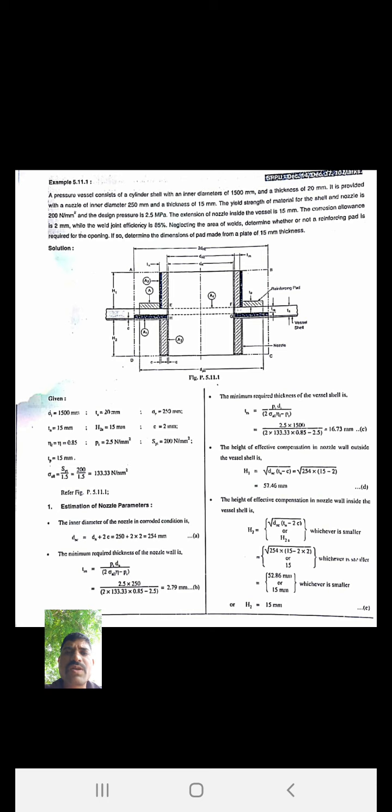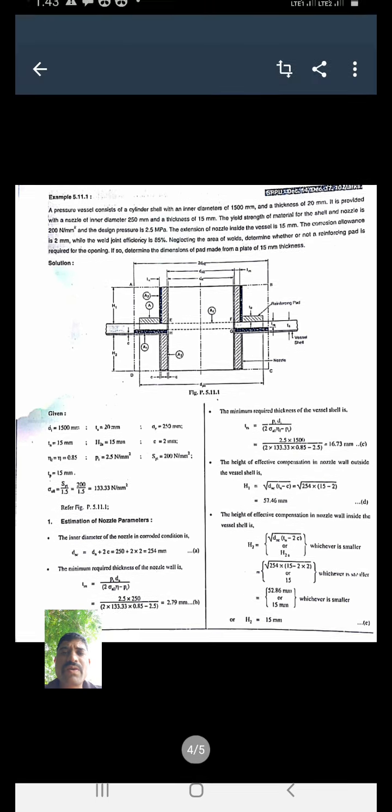The extension of the nozzle inside the vessel is 15 mm, tp is equal to 15 mm. The corrosion allowance is 2 mm, C is 2 mm, while the welded joint efficiency is 85%.